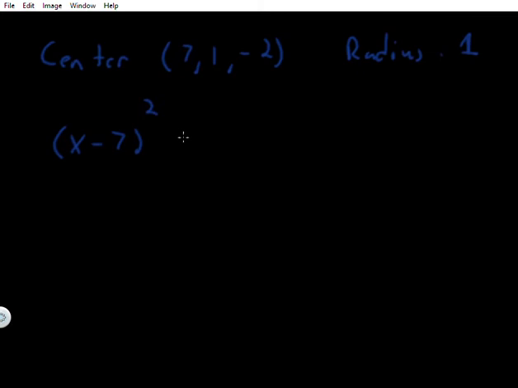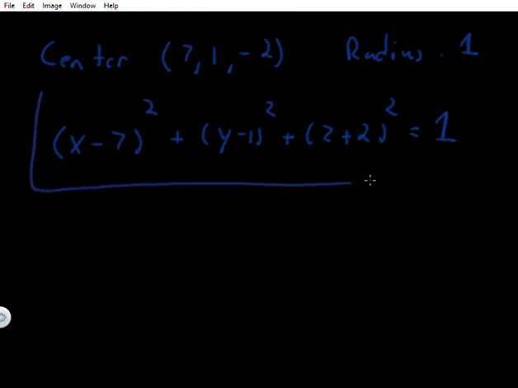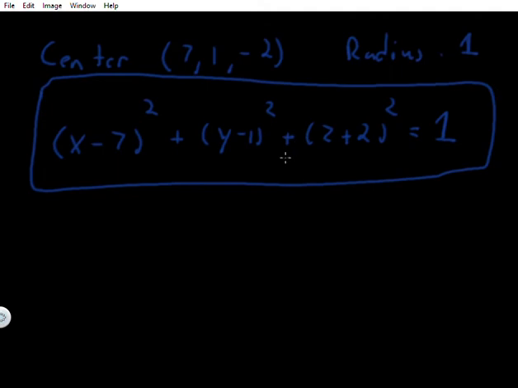So it would be x minus 7 squared plus y minus 1 squared plus z plus 2 squared is equal to our radius squared, which is 1 squared, a 1. If you were to put this into that graphing software, GeoGebra, you would get a 3-dimensional sphere with the center at (7, 1, -2), and its radius would be 1.